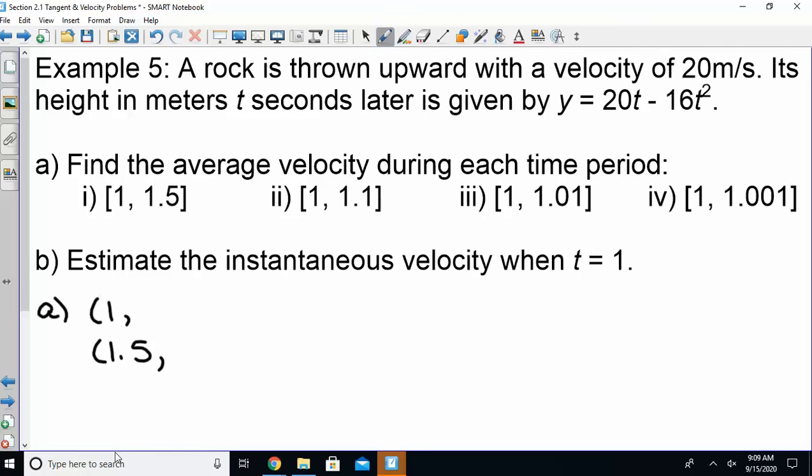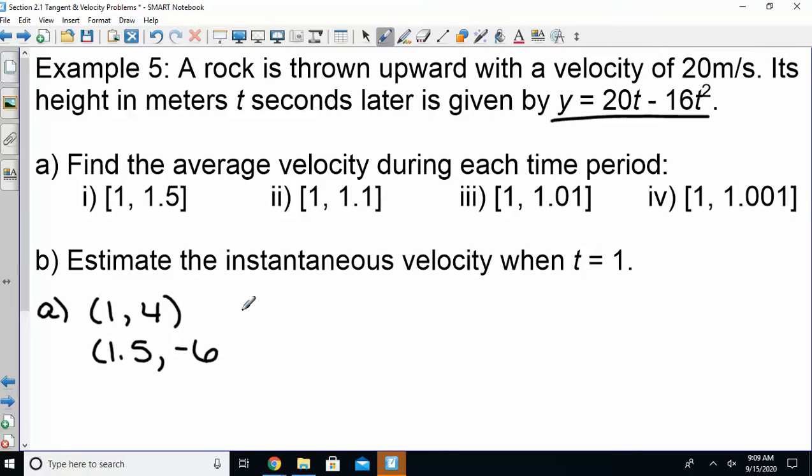So how am I going to get my y's? Plug them into your equation. So if I put in a 1, I get 20 minus 16, which is a 4. If I put in a 1.5, we get negative 6.